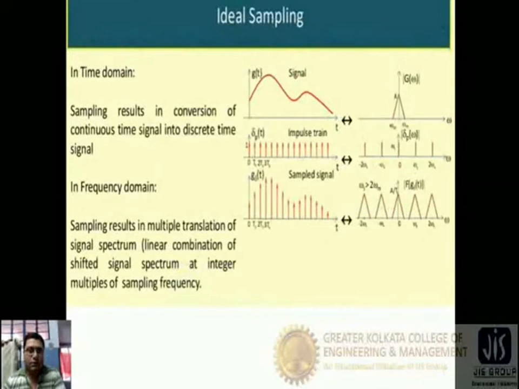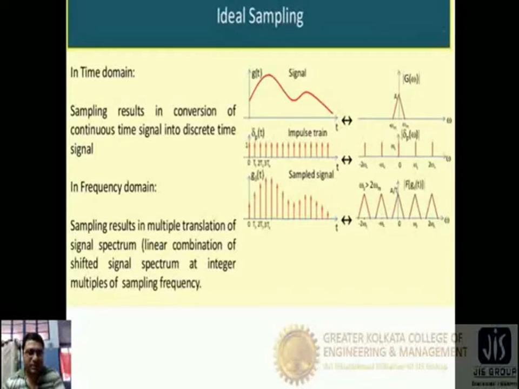So in the time domain, sampling converts a continuous time signal into a discrete time signal. It is the conversion process. But in the frequency domain, sampling results in multiple translations of the signal spectra.